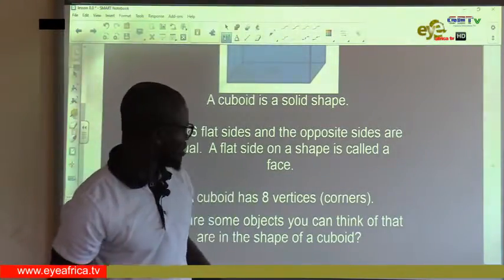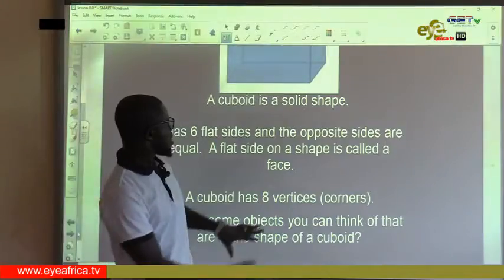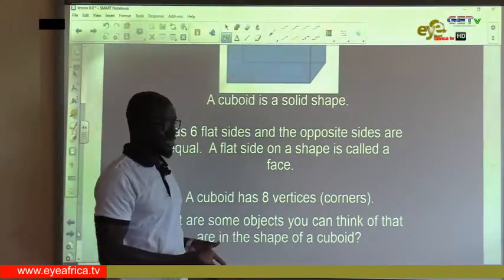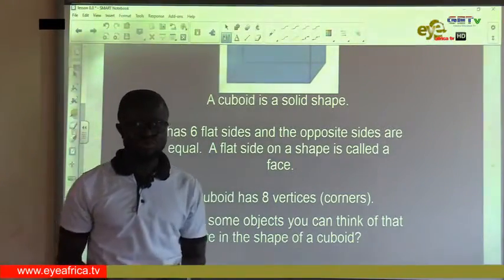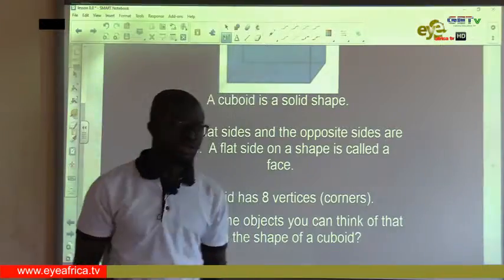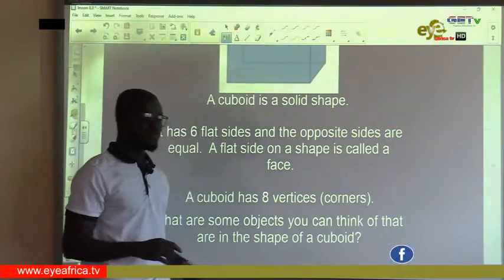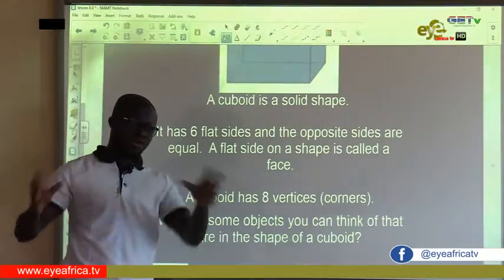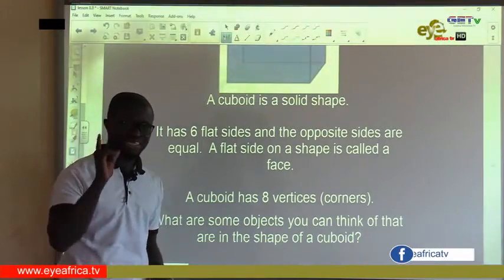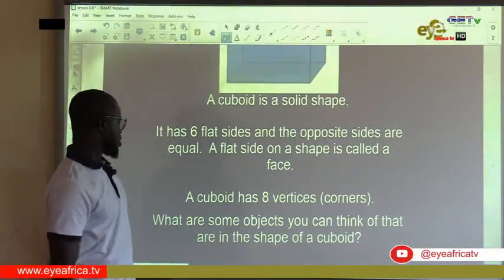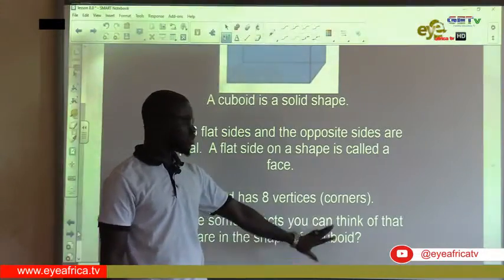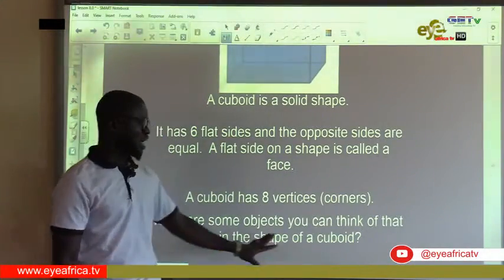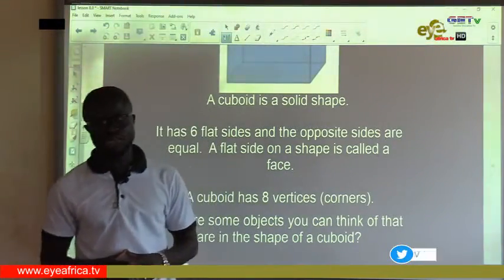So we have discussed, I can say, all the properties of a cuboid that you need to know at this level. The next thing I will challenge you is, again, I want you to look around your households or your environment and tell what are some objects you can think of that are in the shape of a cuboid.